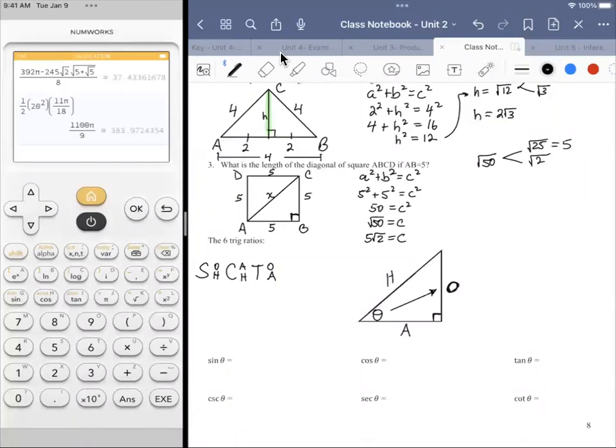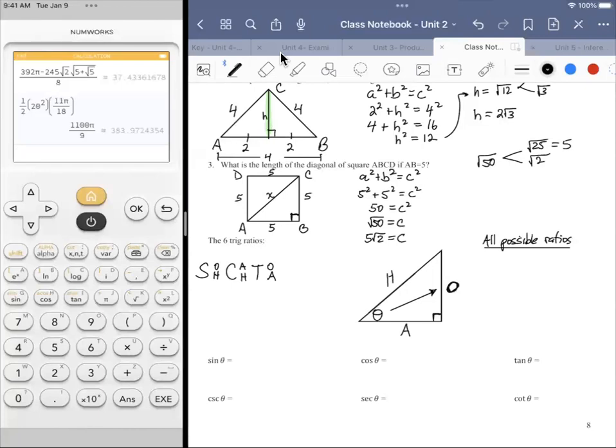All right. So what we're doing here is finding, we say the 6 trig ratios. It's really all the ratios that make up a triangle. So all possible ratios. And a ratio is just a division between 2 measures, right? So if I take 2 numbers and divide them, I've created a ratio.